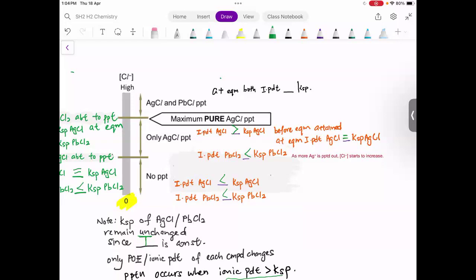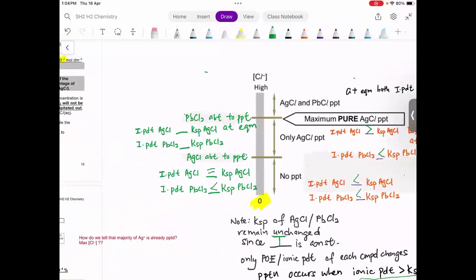Agreed? Because you have less silver plus present to precipitate, right? So it allows the chloride concentration to climb. And when the chloride concentration starts to climb, the moment it hits the ionic product of lead chloride, then you should stop adding your sodium chloride. Understand?